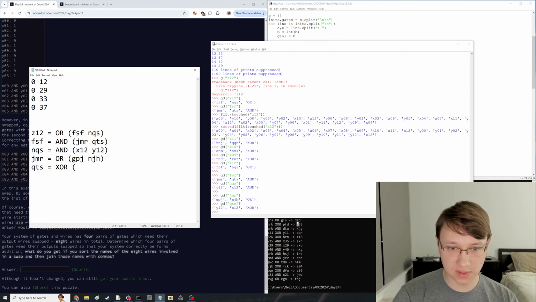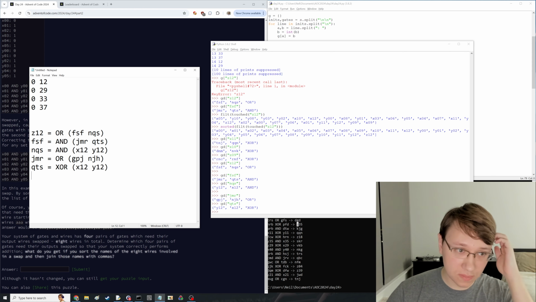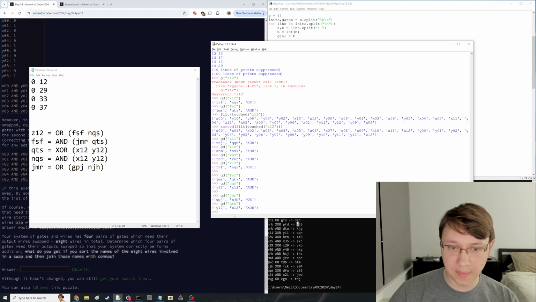QTS is XOR of X12, Y12. QTS is, let's see. And there's probably another XOR floating around here, I bet. What have I not checked yet? JMR and QTS.